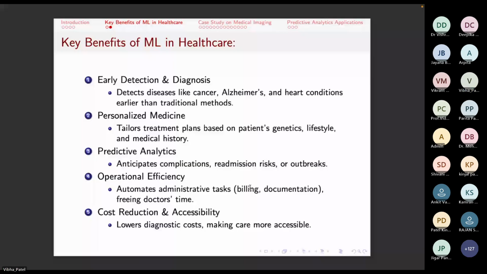Cost reduction and accessibility. If I have an ML algorithm which can diagnose my MRI and suggest the possibility, then if it is likely that I am suffering from something, I'll approach a doctor, whereas otherwise I may not go.